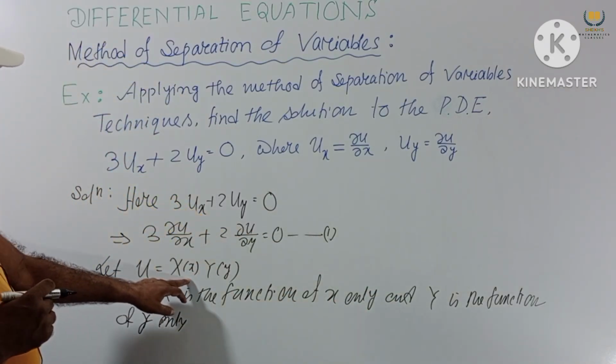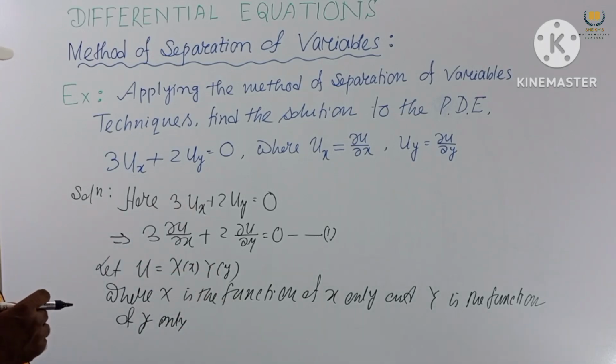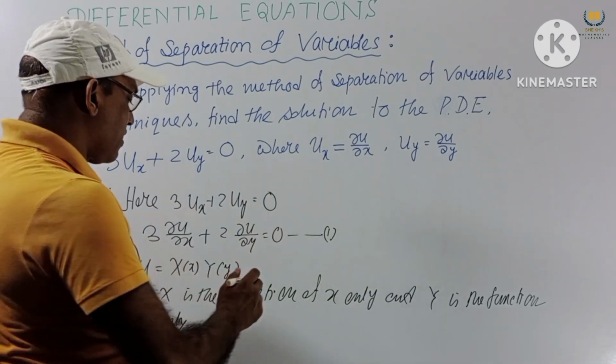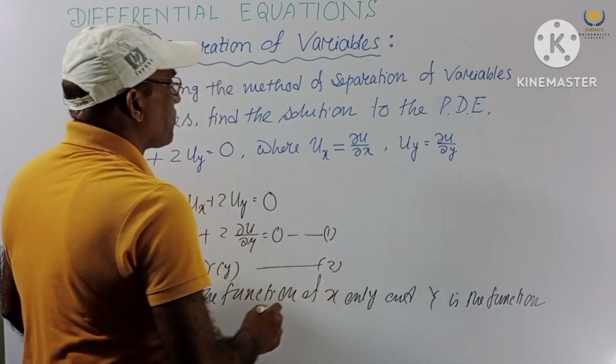This is a function of x and this one a function of y. So we consider u equal to this. This is number 2 we consider.